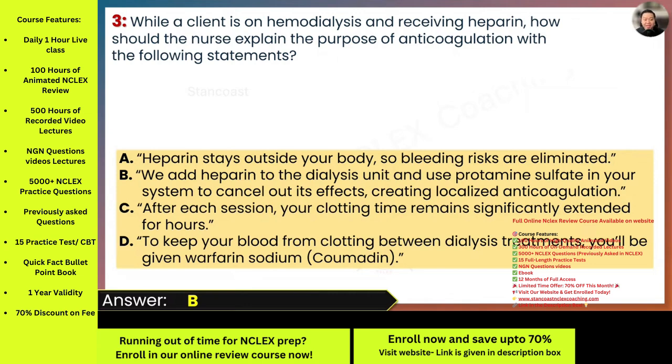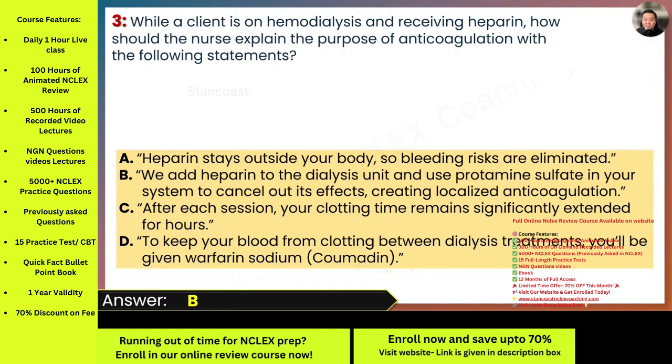And so the key concept about this dialysis is localized anticoagulation, which simply means that heparin is mainly active within the dialysis system rather than affecting the client's entire body for an extended period. Now, why is letter A incorrect? It's because bleeding risks are not completely eliminated here, even though heparin is mainly in the dialysis circuit.